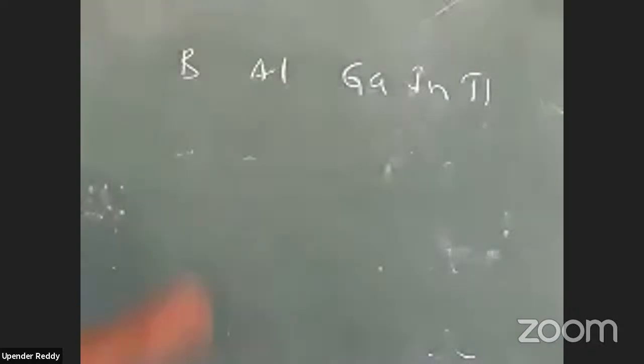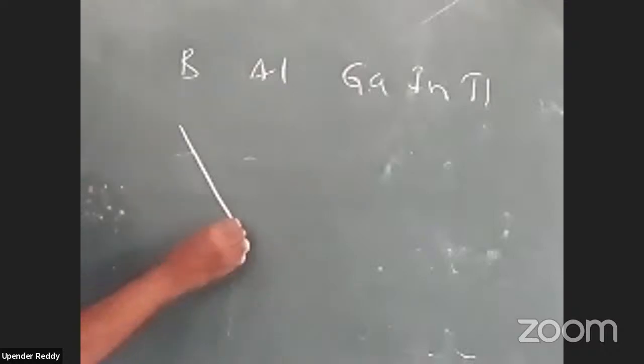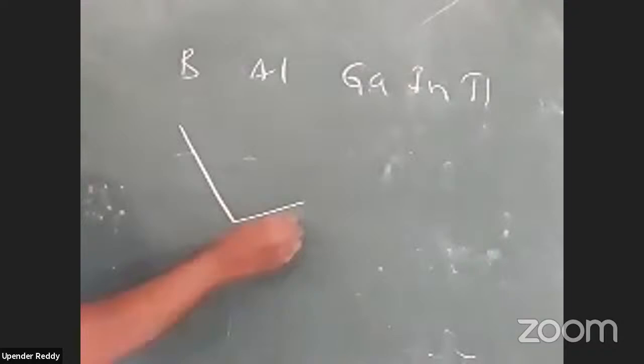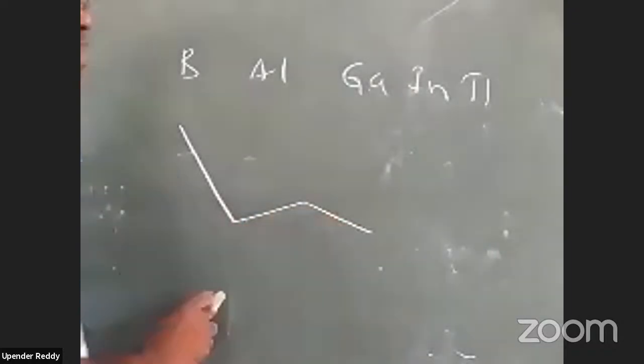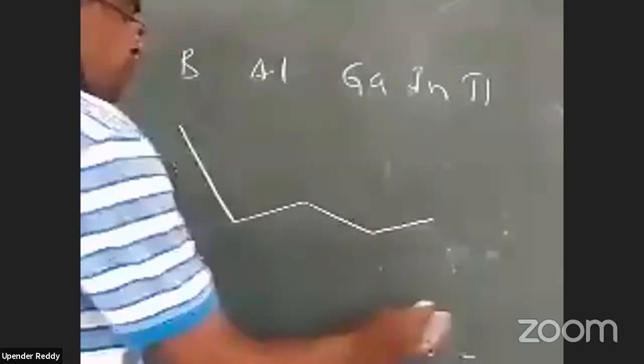Listen to me. Boron to aluminium, size increases rapidly. After aluminium to gallium, a small increase. Indium to thallium, a small change.